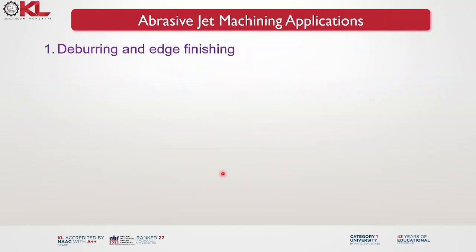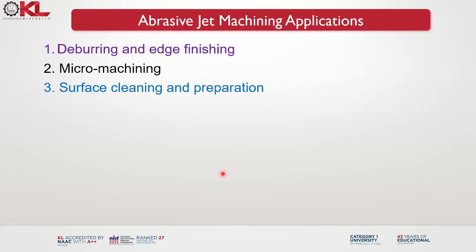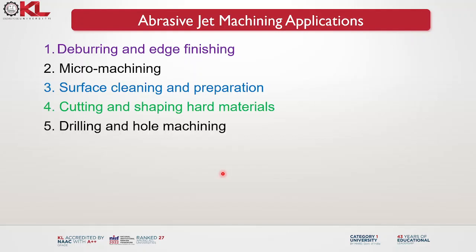What are the different applications of abrasive jet machining? Let us see that. First one is deburring and edge finishing. Second is micro machining. Third, surface cleaning and preparation. Fourth, cutting and shaping hard materials. Fifth, drilling and hole machining.